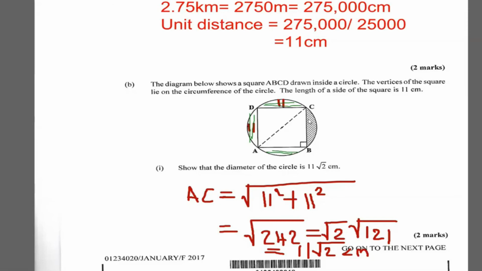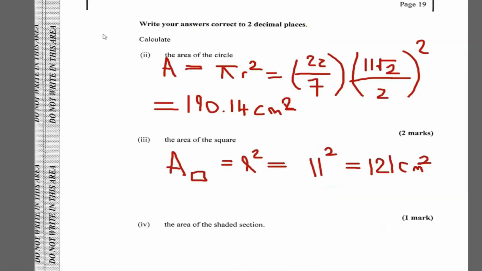That would give these 4. But then if I were to divide the area of these 4 by 4, that gives me the area shaded. All right, so that's it. To find the area shaded, it's pretty simple.